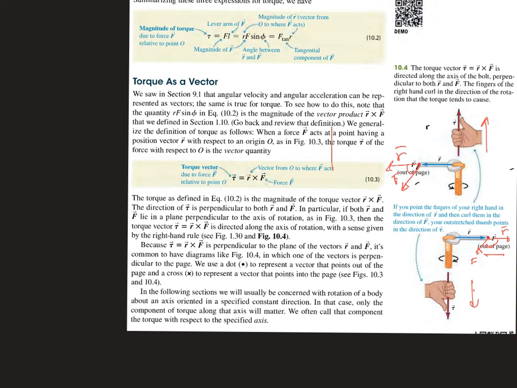So clockwise means going down, negative. Counterclockwise means going up. Okay, positive and negative.